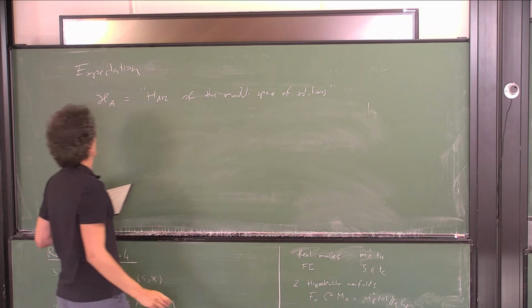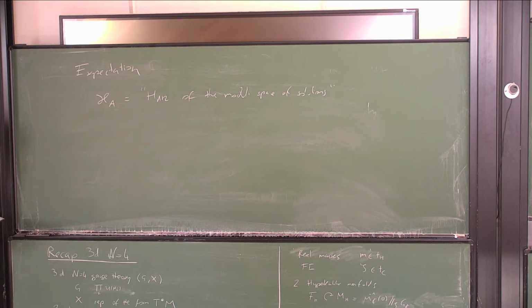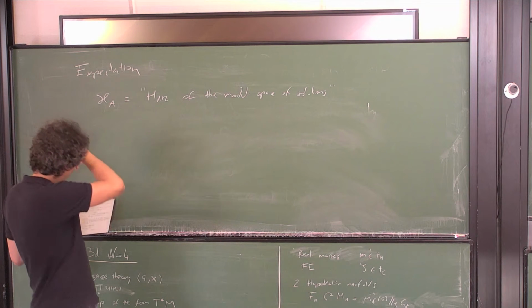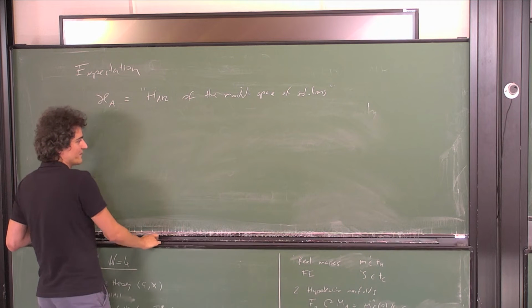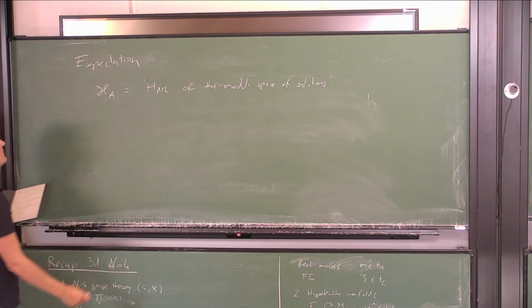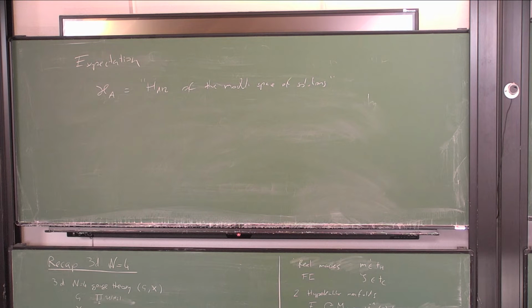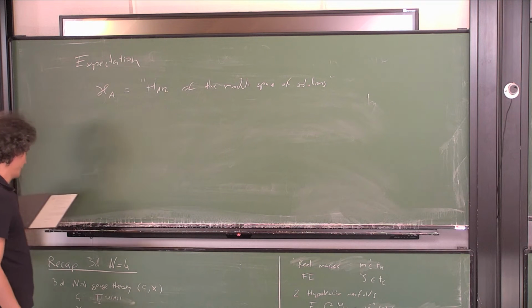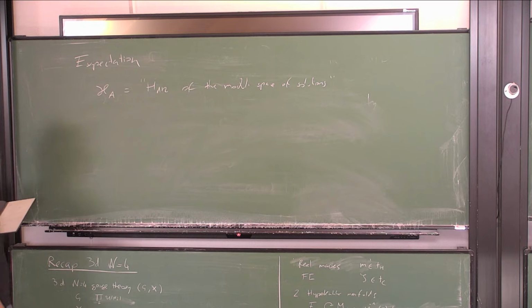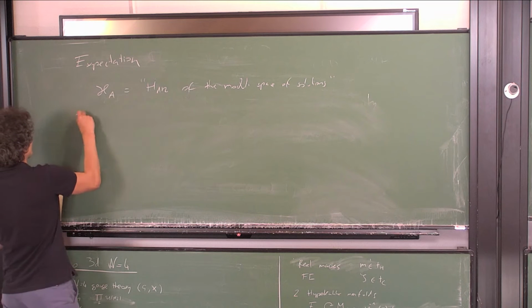What do I mean by that? I mean that this is certainly what happens when the moduli space is smooth. And in general, when it's singular or a little more complicated, it's something that is going to resemble the middle-rank homology. And so let us immediately start with an example.